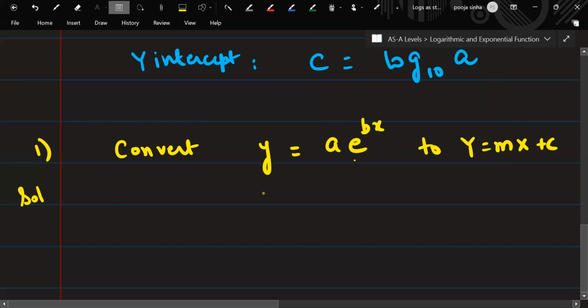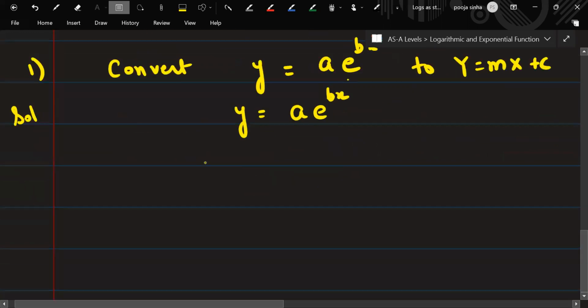You will write your question, y is equal to a e raised to power bx. Now, but isn't the e only for one? Won't we multiply a and e? We will add, I mean, because it's getting multiplied. Taking ln on both sides. Okay.